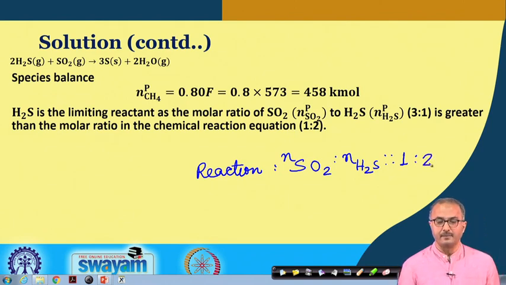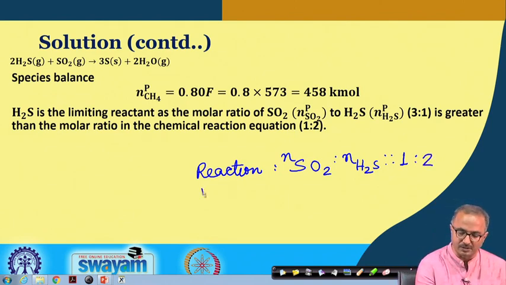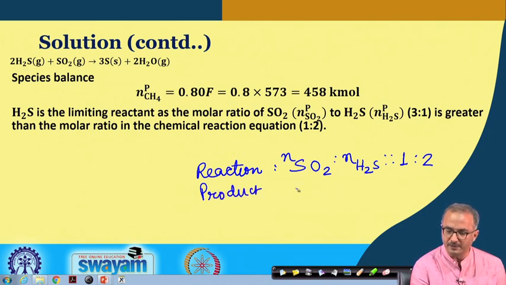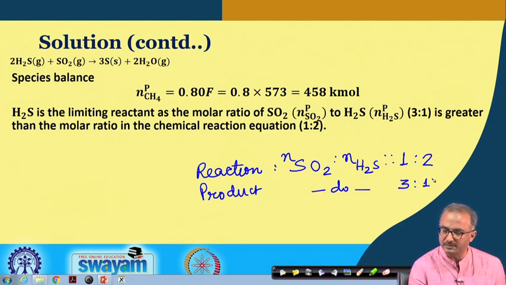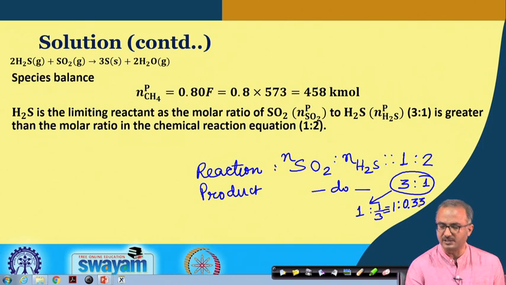But on the other hand, in the product, that same ratio is given as 3:1 and this may be reduced to 1:1/3, that is the same as 1:0.33.